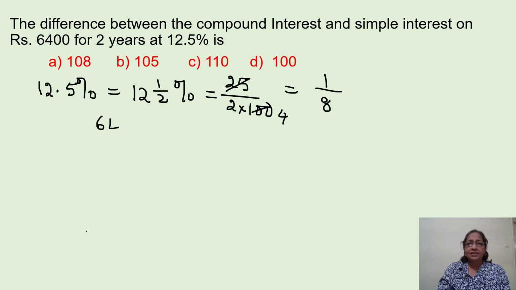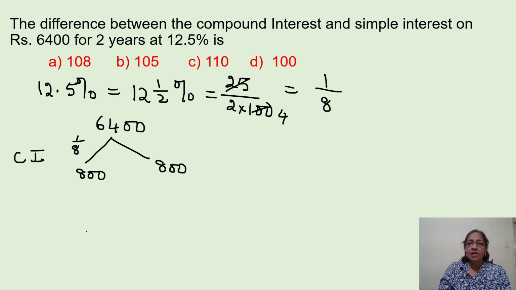So you have 6,400. For the first year, what we are doing is calculating the compound interest. For the first year, it is going to be 1/8 of 6,400. So that would be 800. For the second year, again, it would be 800. So now this becomes your simple interest.